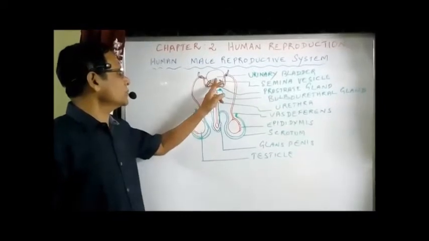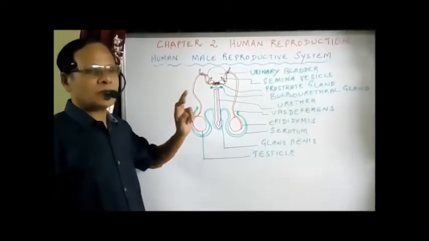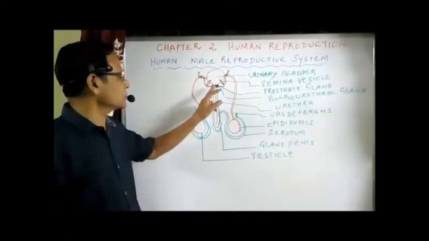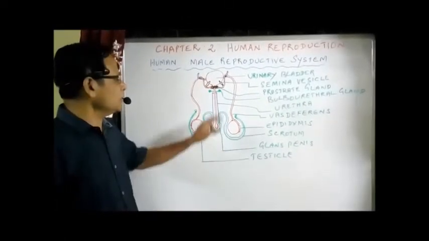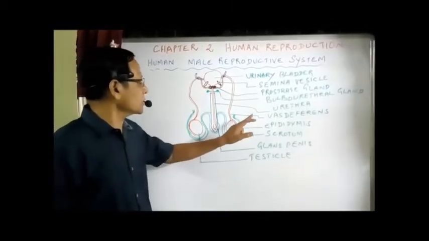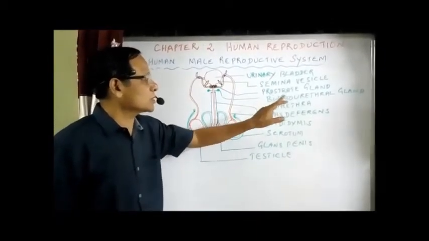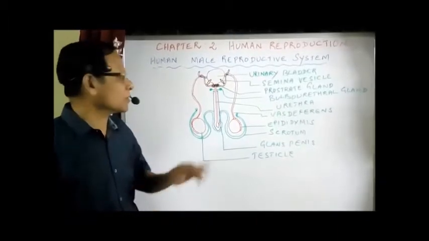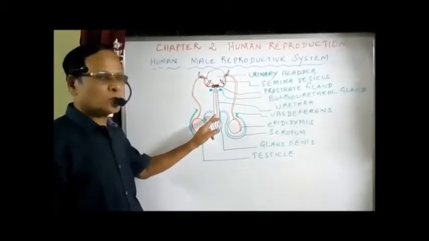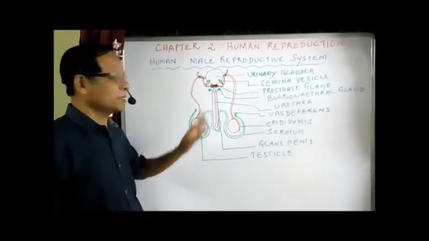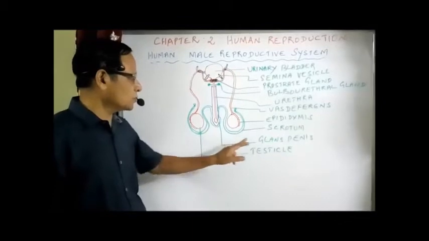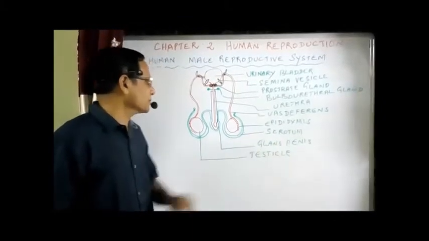Then just below the urinary bladder, a single prostate gland is present. Inferior to the prostate gland, we have a pair of bulbourethral glands, or Cowper's glands. The urethra passes through the copulative organ, the penis. The terminal end of the penis enlarges to form the glans penis.